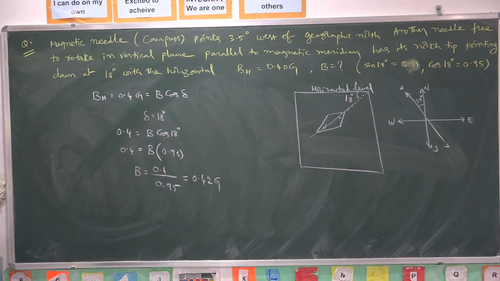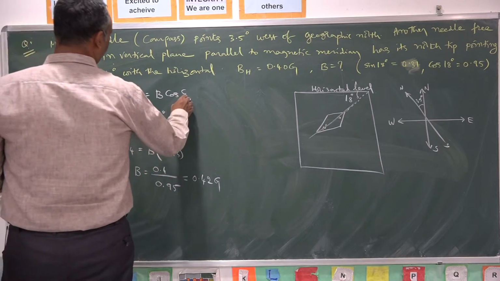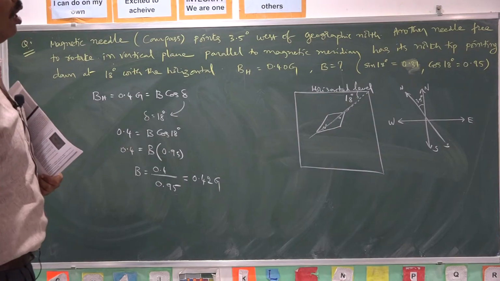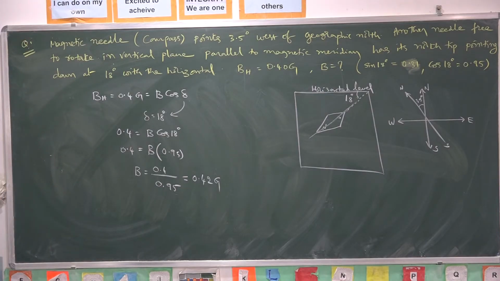But the only difficult point to understand from the discussion is that the angle of dip is 18 degrees. How do you know? How to calculate angle of dip? Angle of dip is the angle between the magnetic meridian and the resultant magnetic field direction.